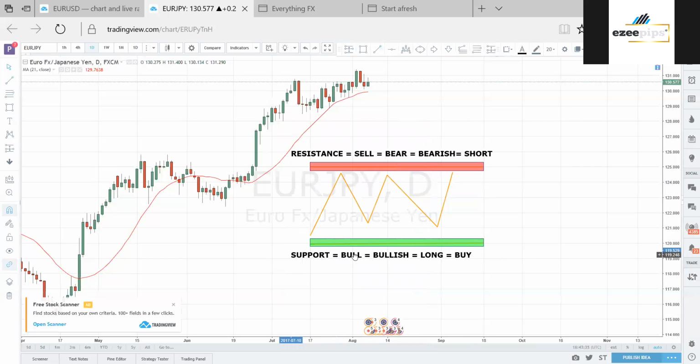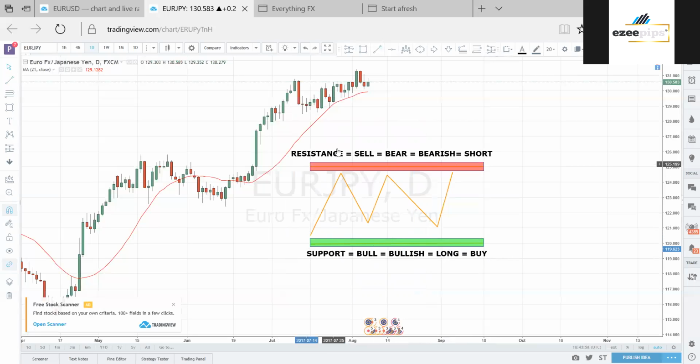So at levels of support, what you need to find is a bull candle, bullish, long, or buy. Buy simply means bull. If someone says, I'm going long, long means buy at a level of support.